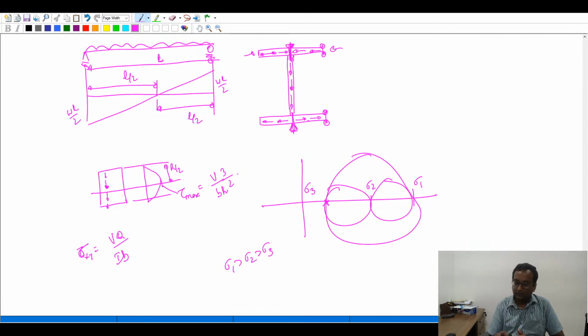Okay, so the cross section is what you represent like this. Oh yeah, the end shear force is not zero.